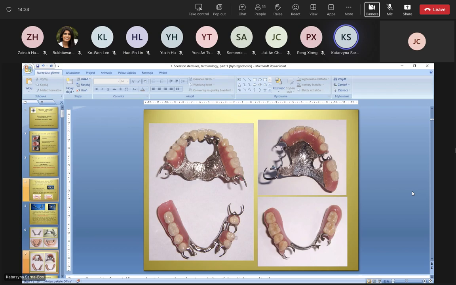So we can see the retaining elements, direct retainers, and it can be clasps and others like. I'm sorry, because now I think you go to the 8, right? You go to the 11, but in mine it's still the 7. I don't know why. Do you see the 8 one? No, it's still the 7.